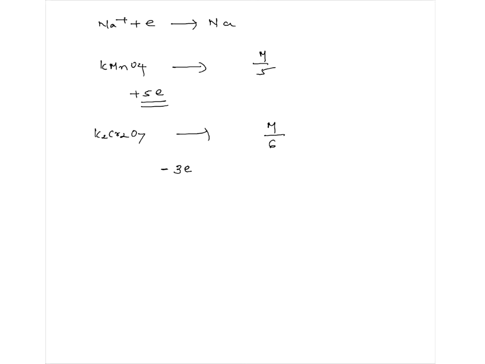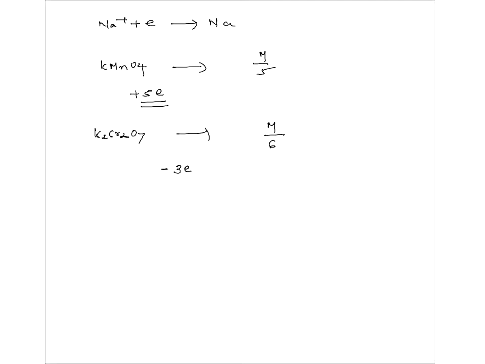So when an atom is present along with others in a compound, then it may have different charge characteristic. So now just imagine that manganese has got +7 characteristic somewhere and +4 characteristic somewhere else.